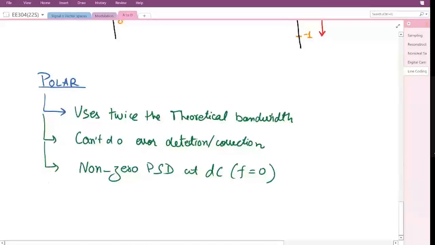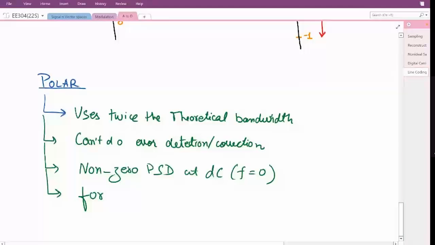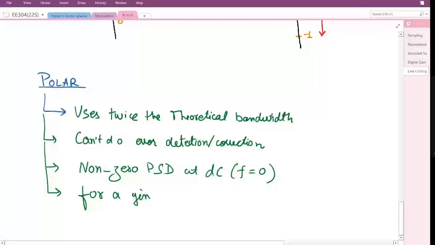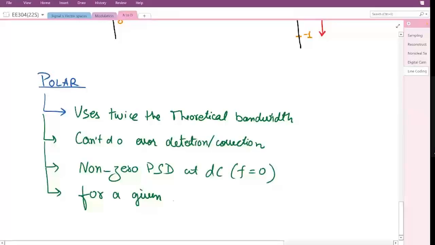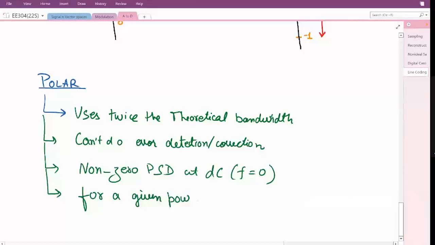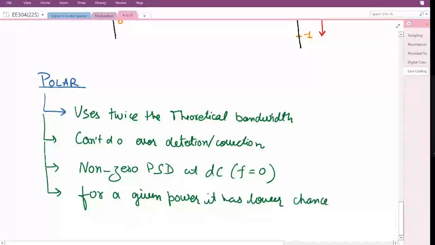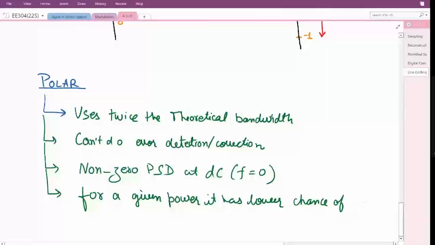The other advantage would be, so these are not advantages, these are just points. What we have observed is that for a given power, it has lower chances of error.